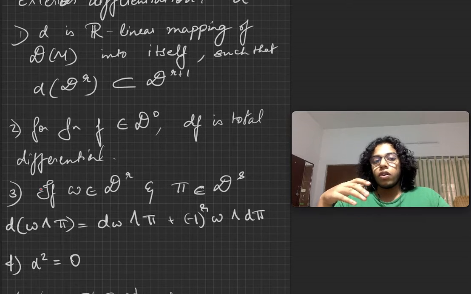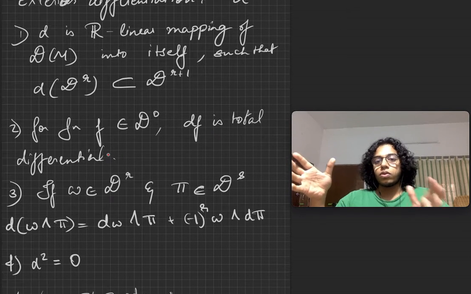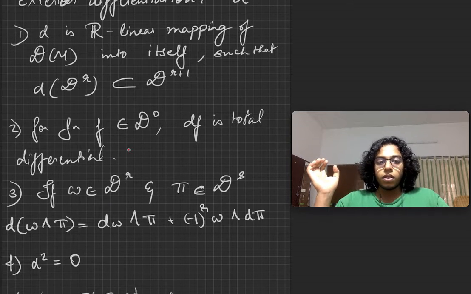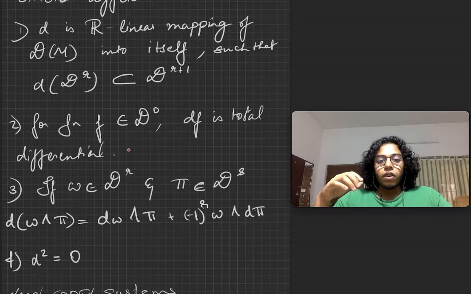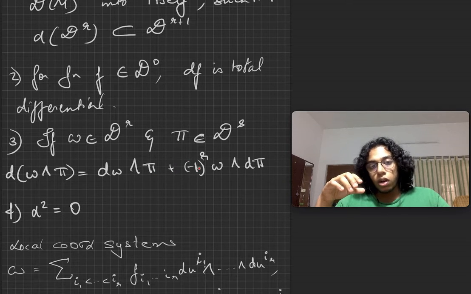The second is for a function f belonging to D^0, df is the total differential. So df is the total differential of this function. Simple. Now if you have omega as an R form and pi as an S form, then the differential of the wedge product of omega and pi is d omega wedge pi plus minus 1 to the power of r.